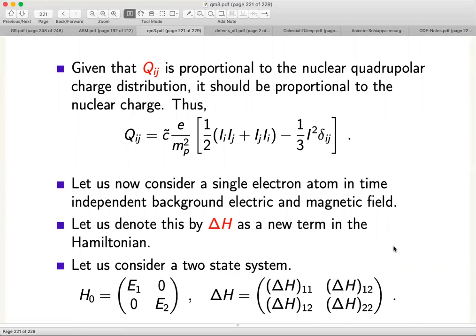If you are looking at a two-state system, there is a part of the Hamiltonian which is exactly soluble, which has two energy levels, E1 and E2, and then there is another part of the Hamiltonian which you want to treat as a perturbation, and that is of course not diagonal. You want to understand whether to treat this as a degenerate or a non-degenerate perturbation theory problem.